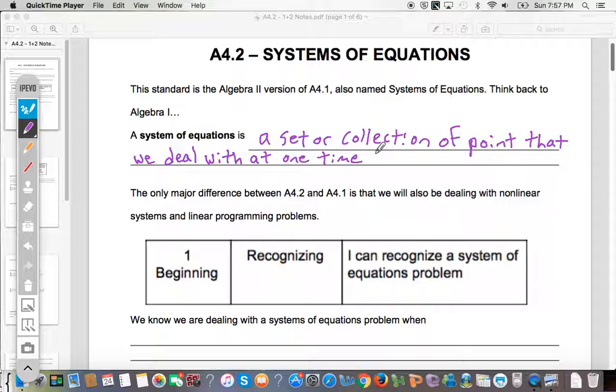Okay, so what this ultimately means is our variables represent the same numbers.